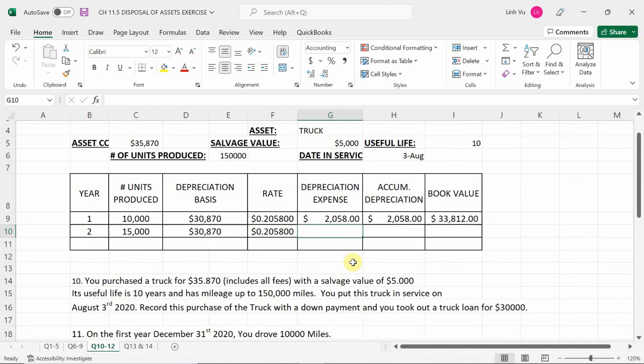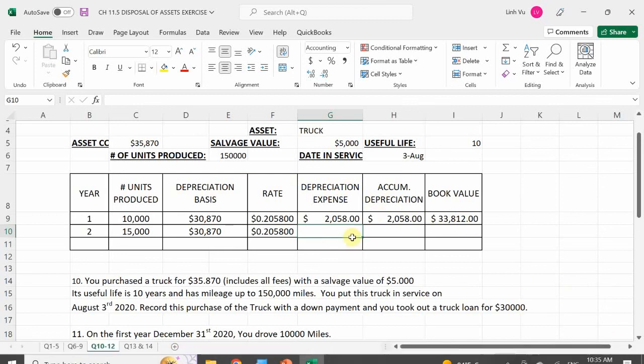Right? So this time my variable is that I am relying on my units of production. So in this case, I drove 15,000 miles. If it cost me 20.58 cents per mile, how much am I going to depreciate off my truck? So now I'm converting my miles into money.